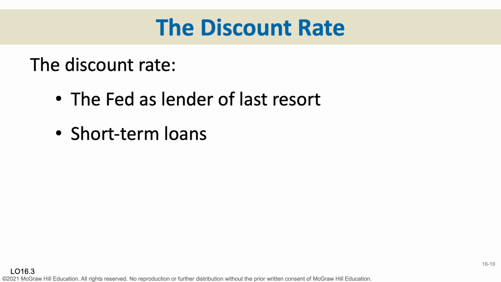They're probably not going to change the required reserve ratio, but when they change the discount rate, they're going to be lowering the discount rate, lowering that interest rate that they charge banks. And that's a signal that they're going to be using open market operations, buying bonds to increase the money supply.